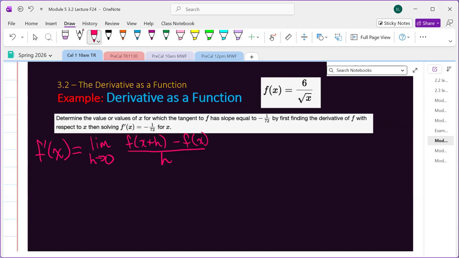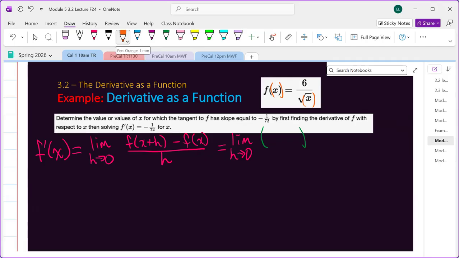So there's our formal definition of the derivative. And now we're going to start using our function notation. All right, so my first one, f of x plus h, I look at my f formula. And my f formula says, for f of a thing, do 6 divided by the square root of the thing.